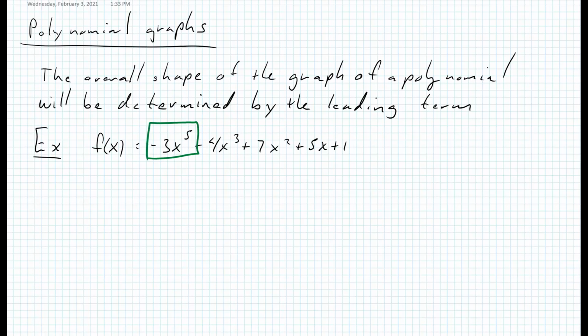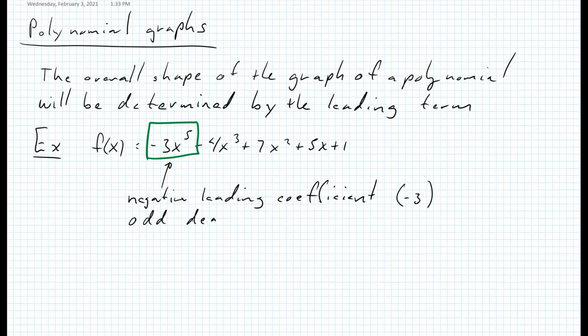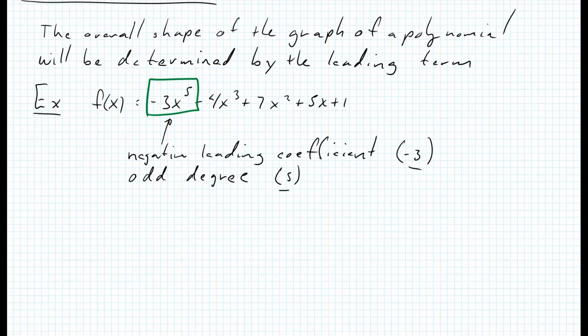The first term says it's a negative leading coefficient, the negative 3, and an odd degree. The power of 5 is an odd number. It's odd or even, and the leading coefficient can be positive or negative.